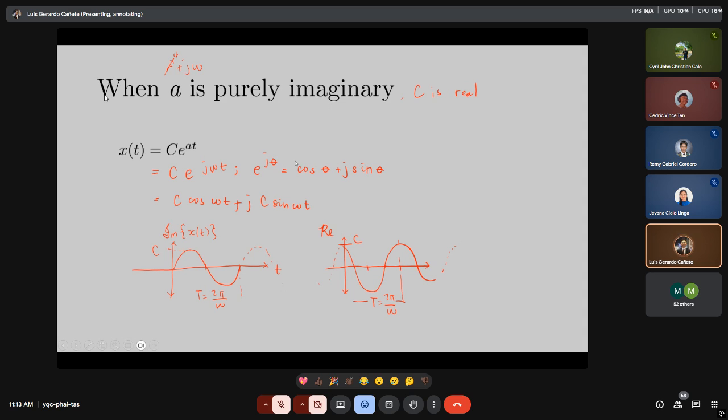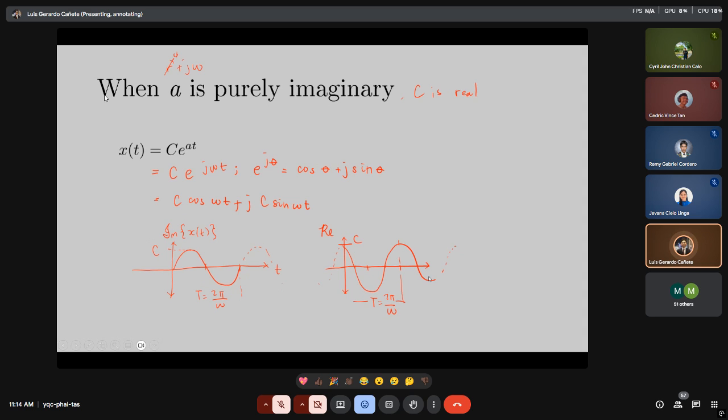So let me use the mouse highlighter. So, of course, what this gives us is a representation for a signal that has both an imaginary portion as well as a real portion.